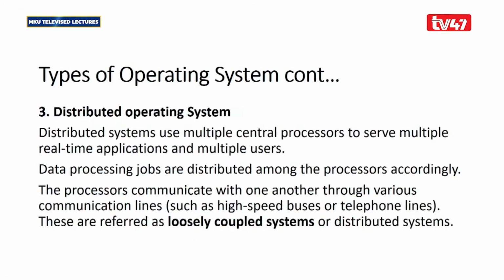Then the third type is the distributed operating system. Distributed systems basically use multiple central processing units to serve multiple real-time applications and multiple users. Data processing jobs are distributed among the processors accordingly.